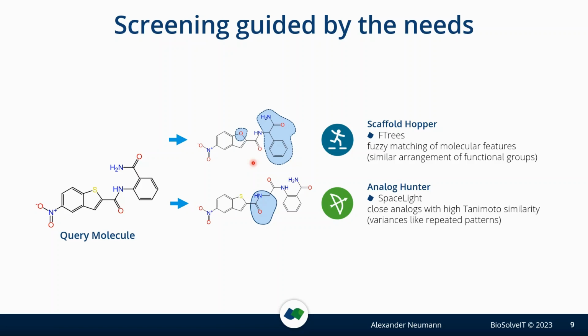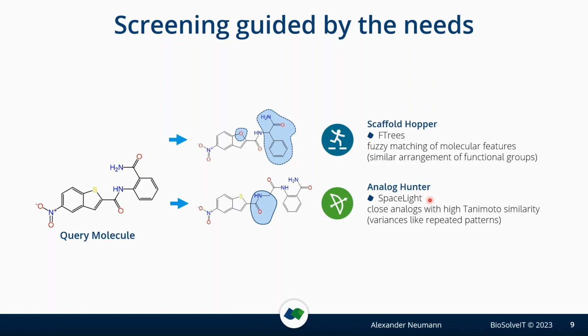In the newest release of infiniSee, we have actually renamed the F-trees approach into a new mode. It's not a new mode per se, but it has a new name and a new ring to it. It's called Scaffold Hopper.